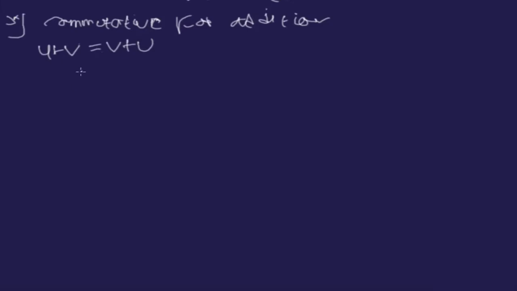So we can directly write x1 plus y1, comma, x2 plus y2, comma, x3 plus y3, up to xn plus yn.